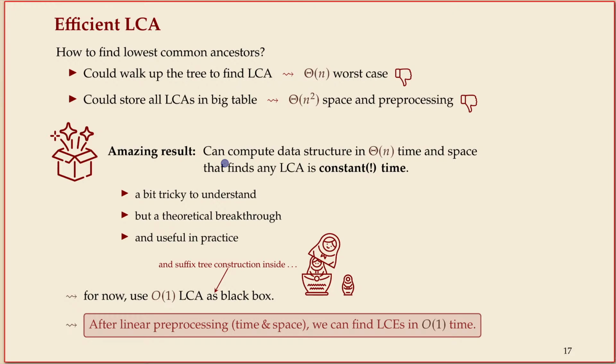And then you can jump from any two leaves in one step, in constant time at least, to the lowest common ancestor. And if you do that, you can use the translation that LCA was the same as LCP was the same as LCE to compute longest common extensions in constant time. That's this box down here.